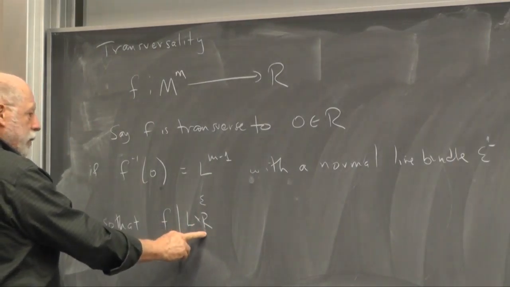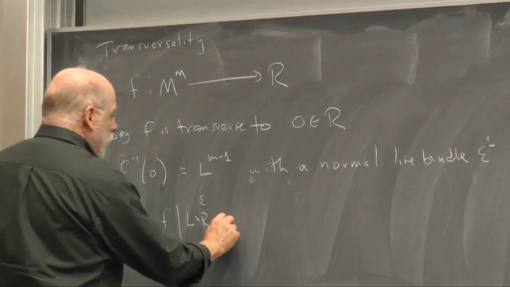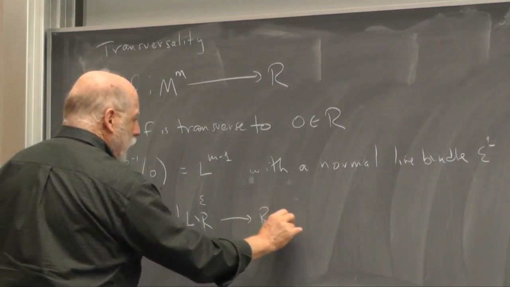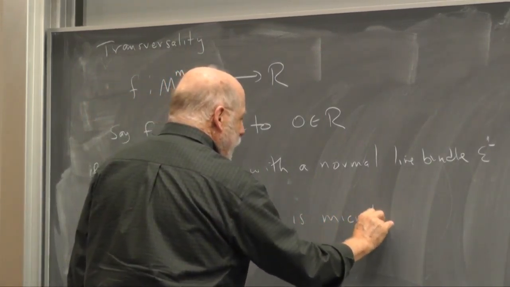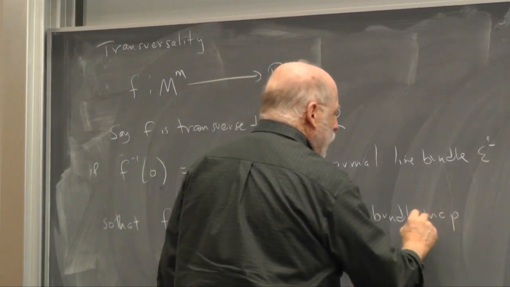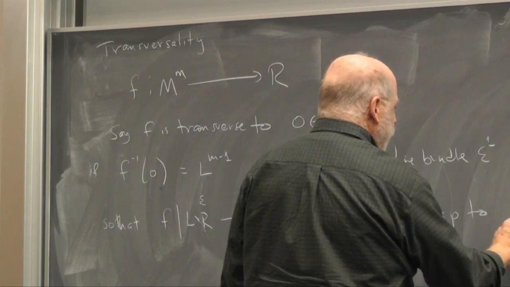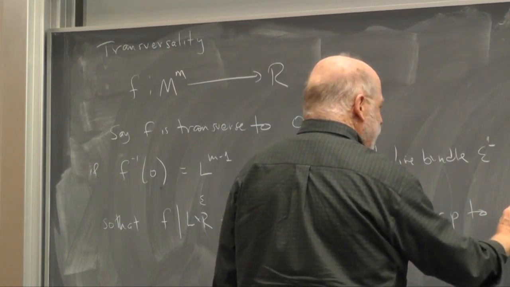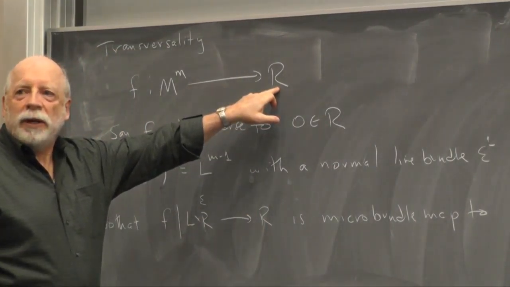Then F restricted to L cross R, mapping to R, is what's called a microbundle map to the bundle R over a point.